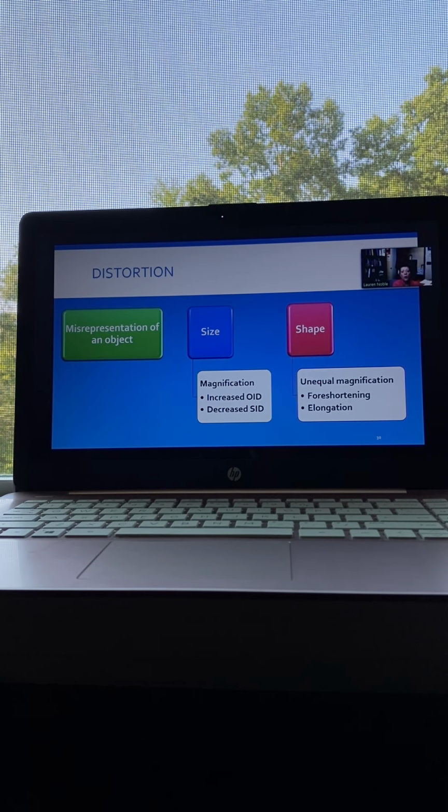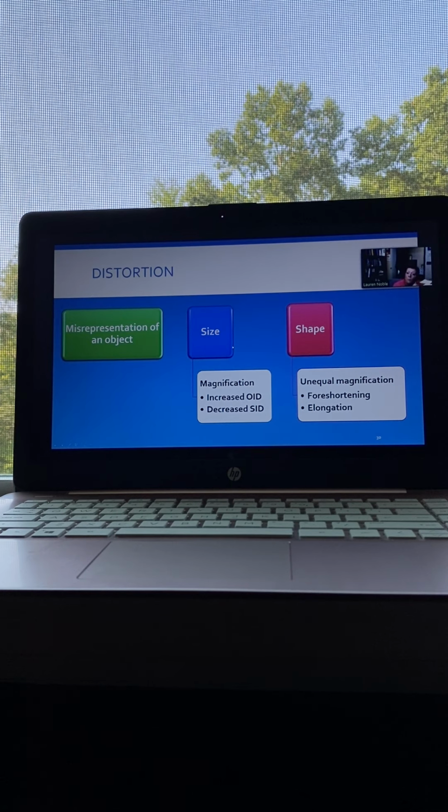That can cause problems, especially when there's a fracture. It may look like the fracture is spread further apart than what it is, or it may make the fracture look like it's closer together than it is, like it's healing better than it is. So you have to be very, very careful when you acquire images, because you don't want shape distortion and you don't want size distortion.